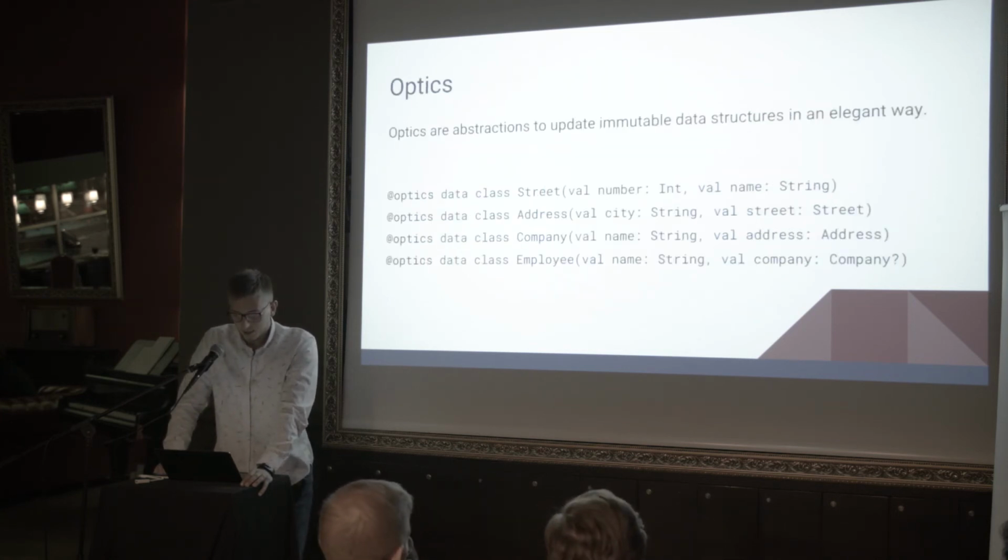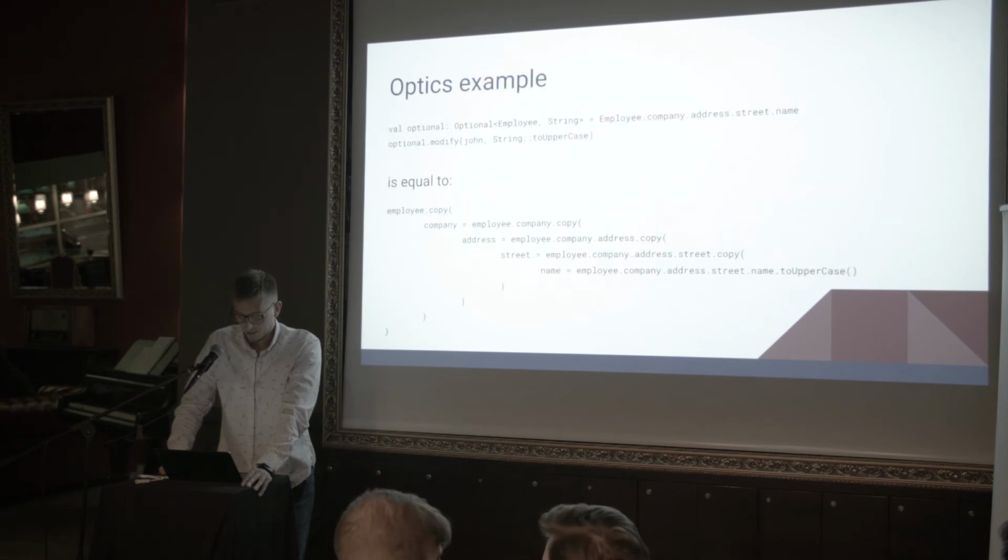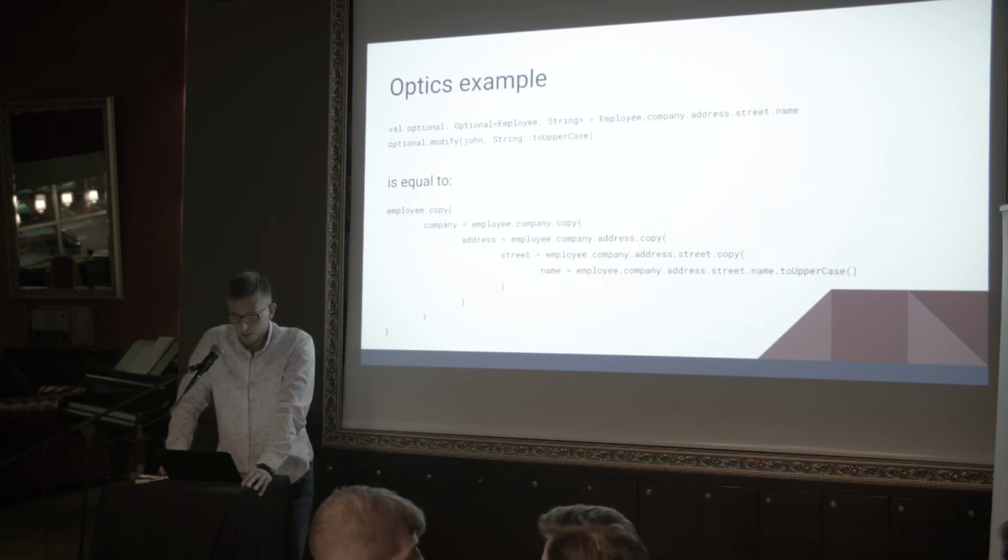And optics. Optics are abstractions that update immutable data structures in an elegant way. We just annotate them with an optics annotation, and we can use it like this. We declare an Optional, don't mistake it with Java's one.